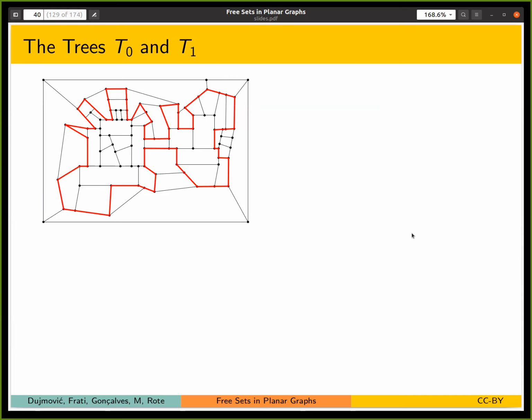I'll be quick and deliberately vague about this. So back to that picture we had before. There's the cycle in red. There's the graph that we have. What's inside of here doesn't look like anything we're going to get a tree out of, because there's a mess in here.